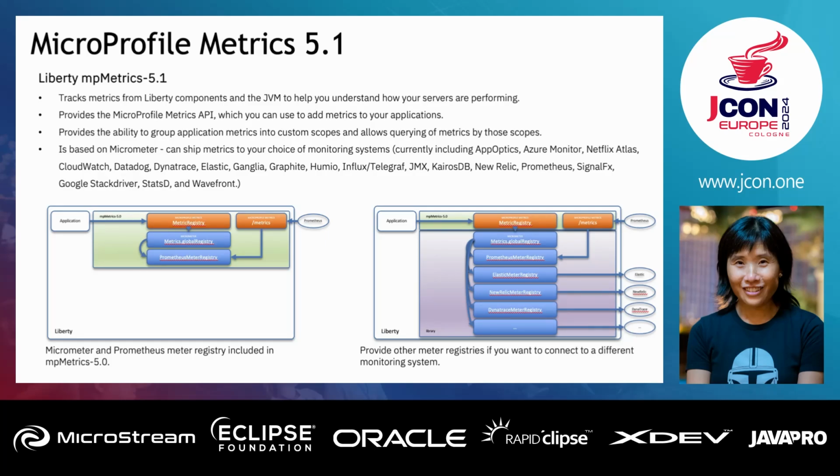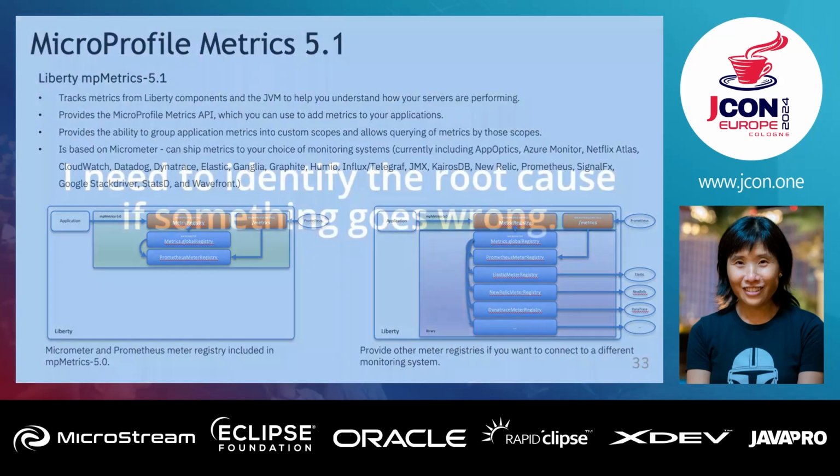As you can see here, with Micrometer a lot of different monitoring systems can be plugged in. And in Liberty you have some out of the box, and if you want to use Dynatrace, New Relic registry, you can bring in your own.